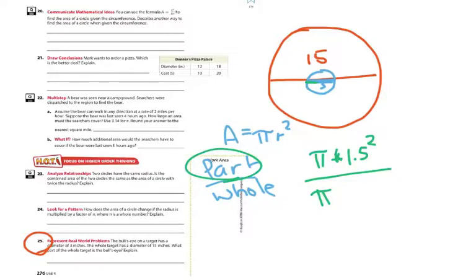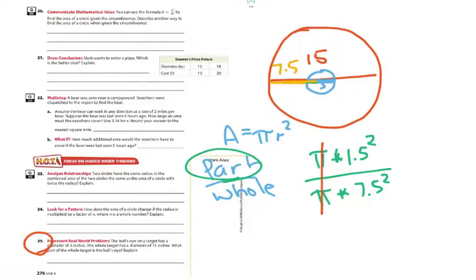And my whole is going to be using that same formula, the area, but of course I can't use 15, don't get caught in that trap. My radius is 7.5 if the diameter was 15. So pi times 7.5 squared. Now looking at this division problem, this is really nice because I am seeing that I have pi divided by pi here, which is going to cancel out, right?